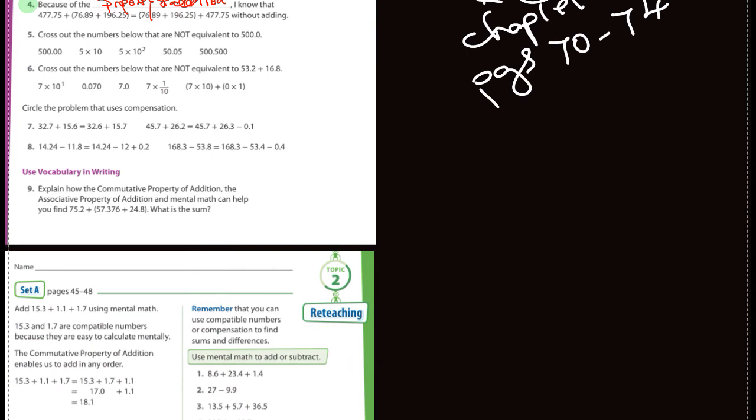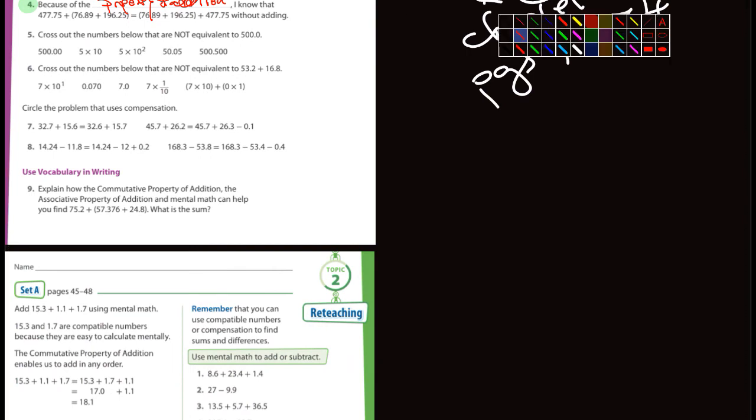Number 9, let's take a look at that for a moment. It says, explain how the commutative property of addition and the associative property of addition and mental math can help you find 75.2 plus 57, and then in parentheses 57 plus 24. Well, let's see here.